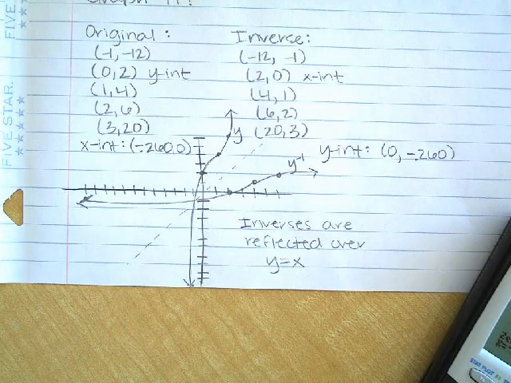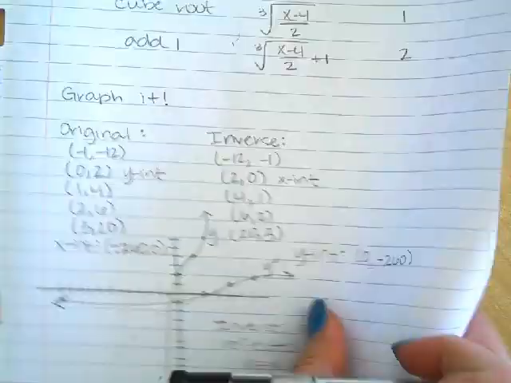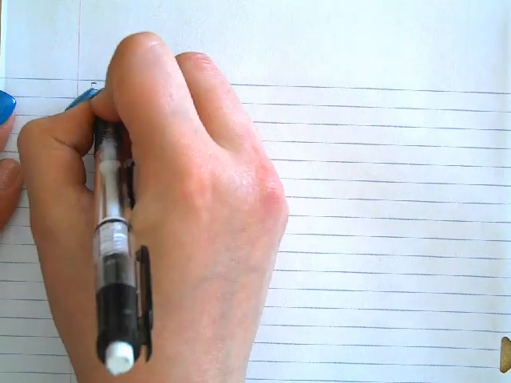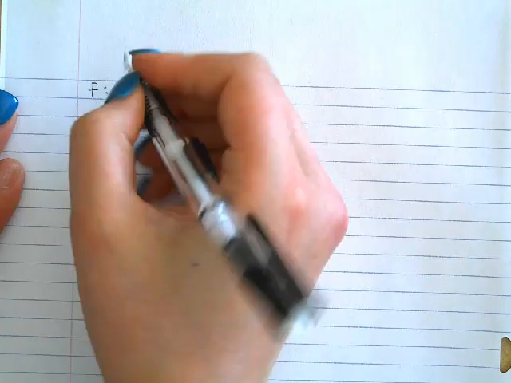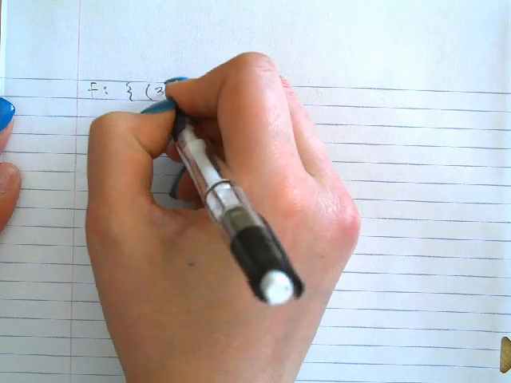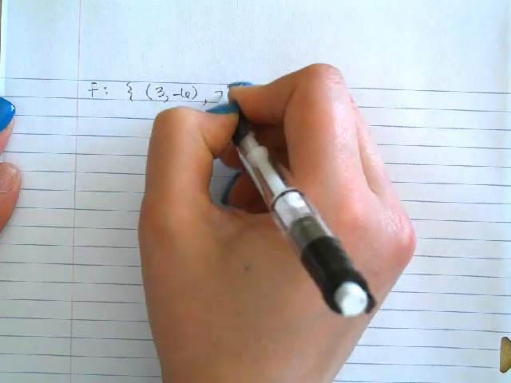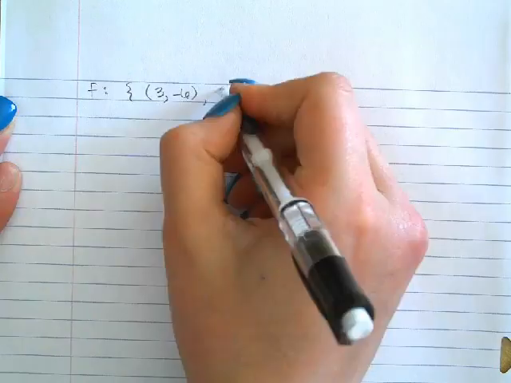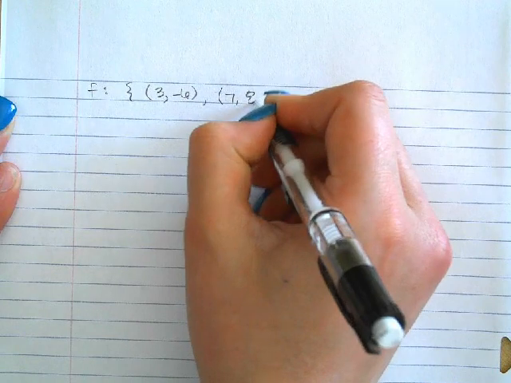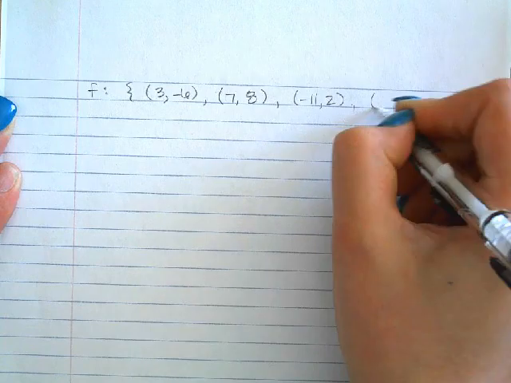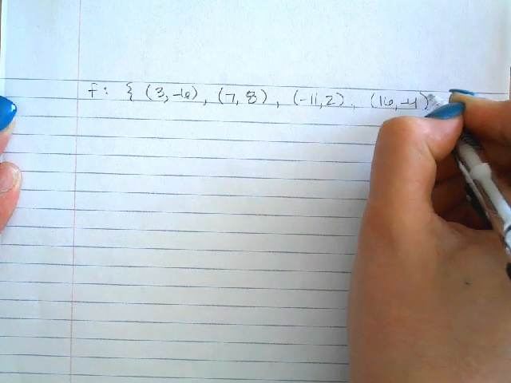All right, so let's say I gave you a problem. This is not a function, this is a relation, and it just gives you a bunch of points, like (3, -6), (7, 7), (8, -11), (2, 16), (-4).